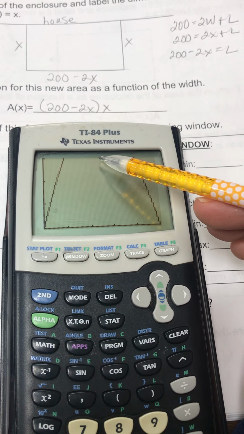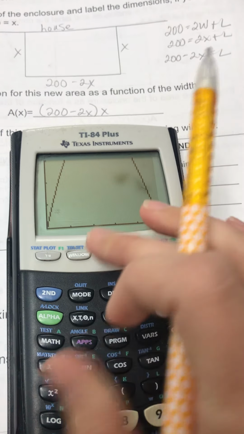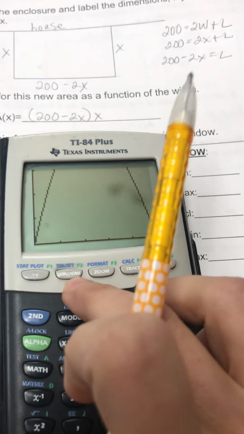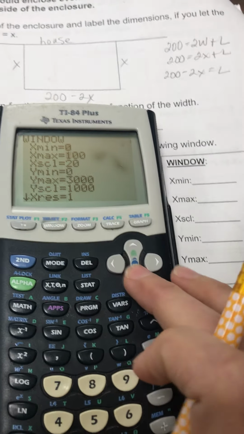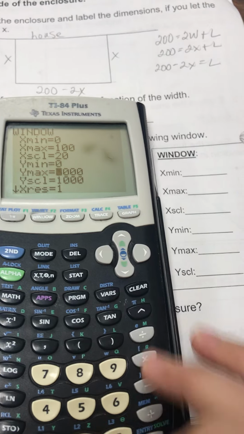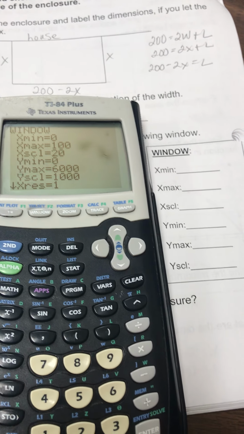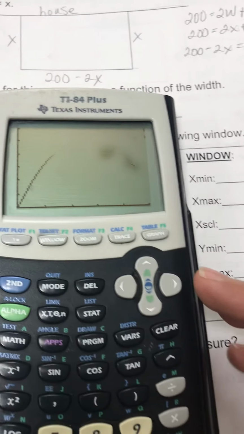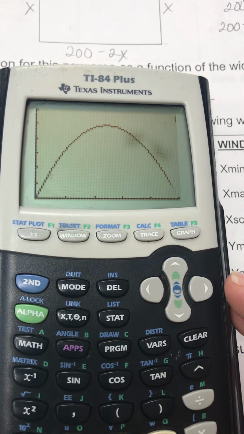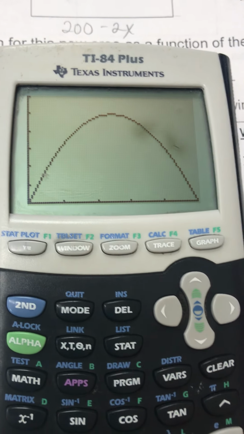So my Y max needs to go up. So I'm going to go to my window here, and where it says Y max, I'm going to change that, and I'm going to double it. I put 6,000 instead of 3,000. So now we can see the whole thing.